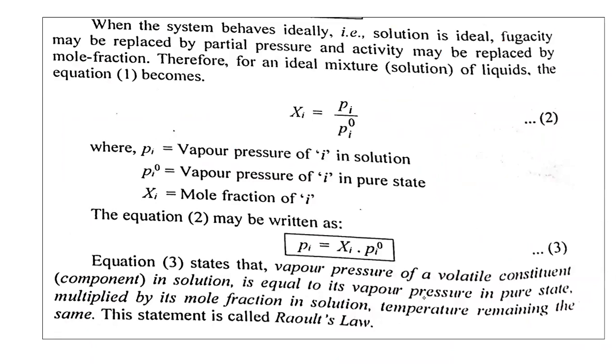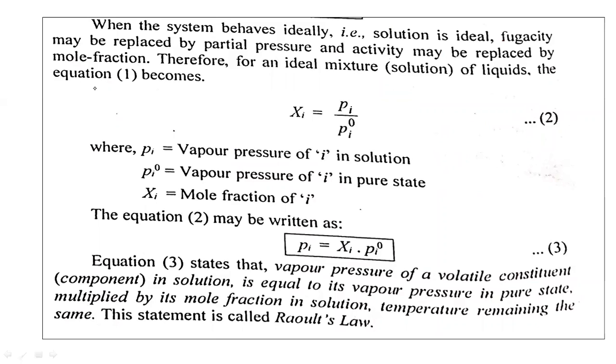Now when the system behaves ideally, the solution is ideal, fugacity may be replaced by partial pressures. Instead of writing the fugacity, we replace it by the partial pressure, and activity may be replaced by mole fraction.